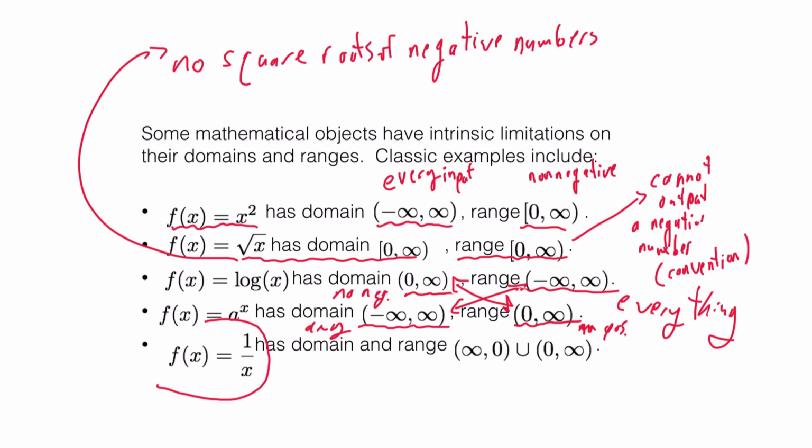And the last example you should know is the function f of x equals 1 over x. This has the domain and range as the same thing, and it's everything except 0. This is just a standard mathematical way of saying this.